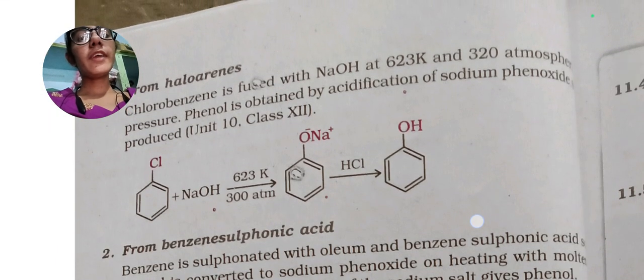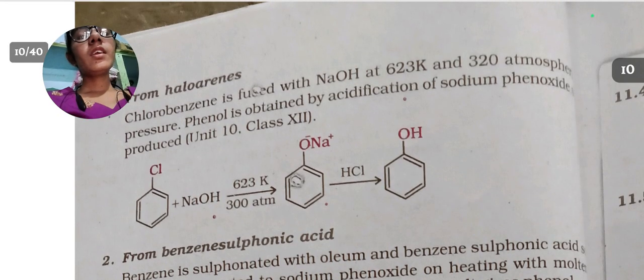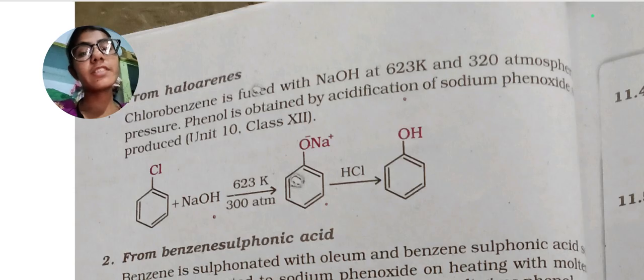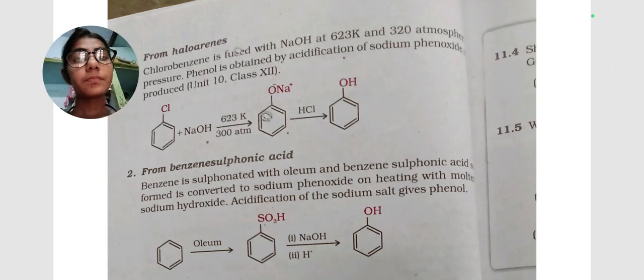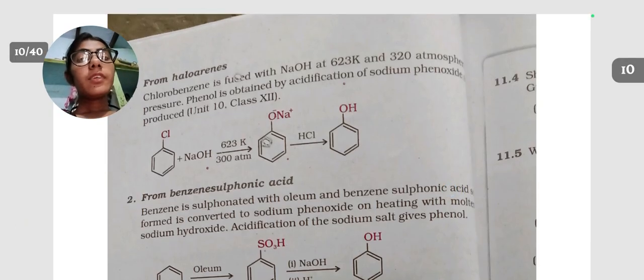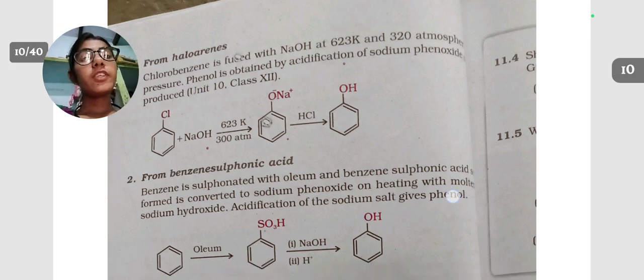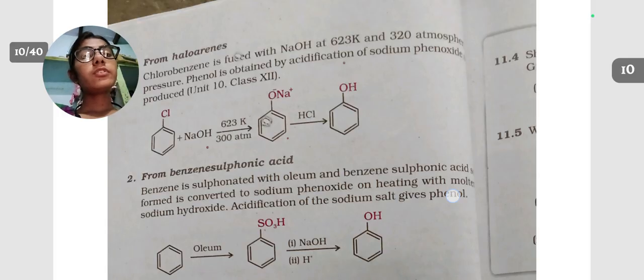From haloarenes: chlorobenzene is fused with NaOH at 623 Kelvin and 320 atmosphere pressure and forms sodium phenoxide.